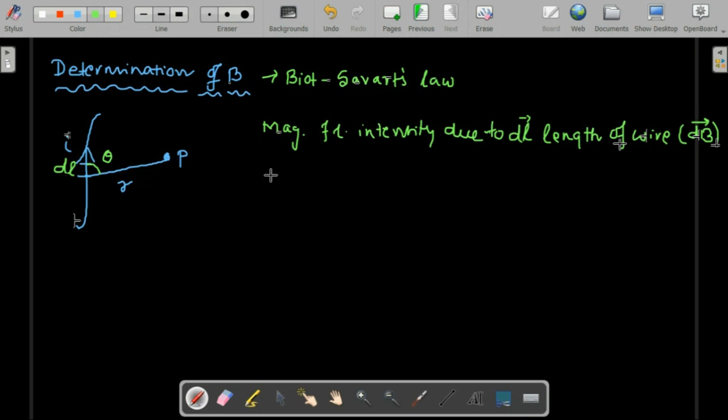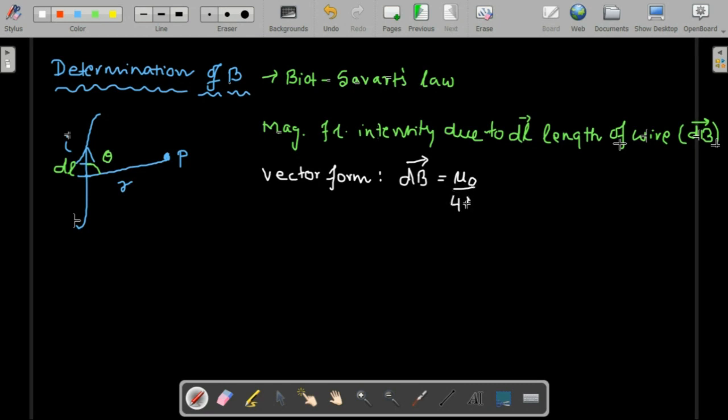It has a vector form and a scalar form. Let me write down the vector form first, and I'll tell you how you can easily remember this. We can write it as dB bar, which is proportional to the components that are there, so you have to write a proportionality constant. For electricity, it's 1 by 4 pi epsilon naught.